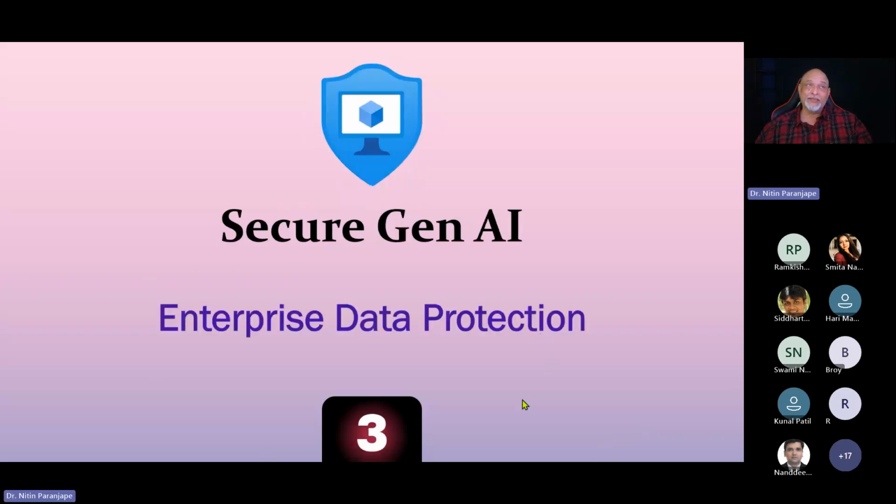The third thing is secure Gen AI. Means what? Many people, I'm talking about corporate context, many companies block Gen AI altogether. That's a bad idea because people are going to find some other ways. The correct way is to encourage people to use AI in a safe manner.